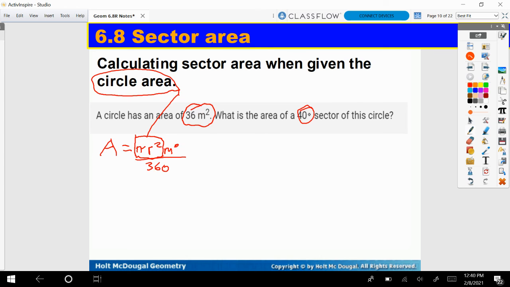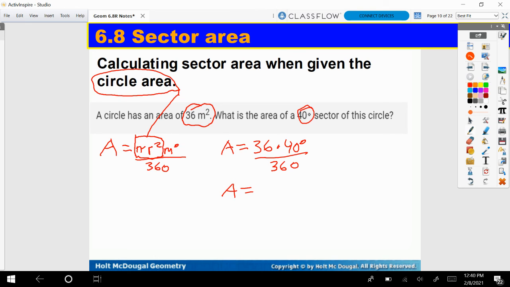So if I plug that into my formula, it's going to look like this. The area of the sector is going to equal 36, because that's the number we're given for the area of the circle, times the measure of the arc, 40 degrees, all divided by 360.